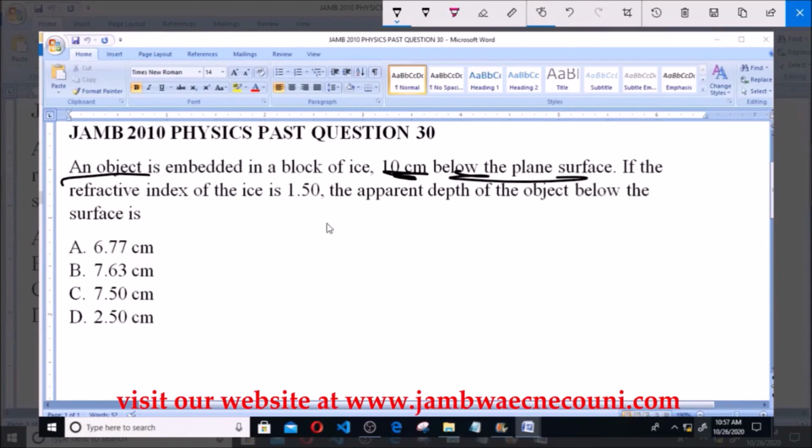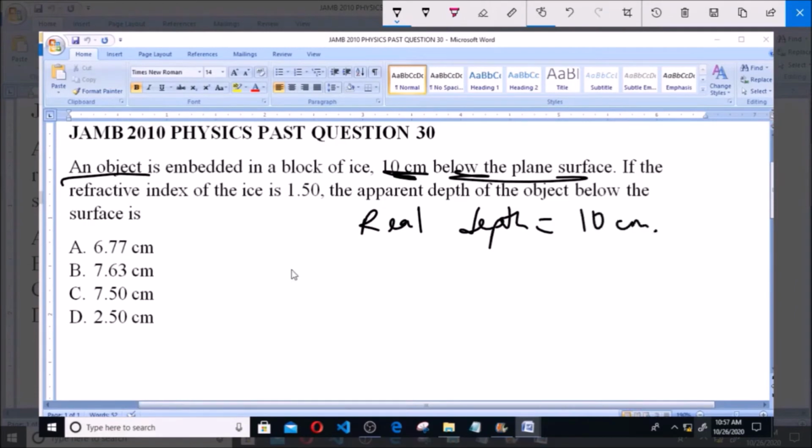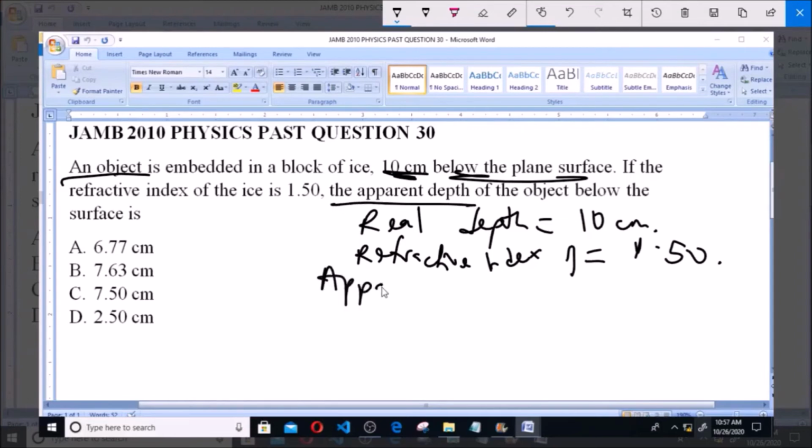the plane surface. So this is the real depth of that object. So the real depth is equal to 10 centimeters, and then we are given the refractive index, which is represented by this symbol, as 1.50, and we're asked to find the apparent depth of the object, or the way the object appears when you observe it from the top.